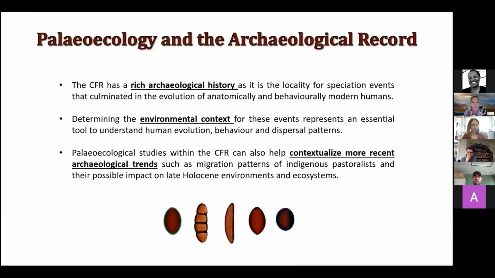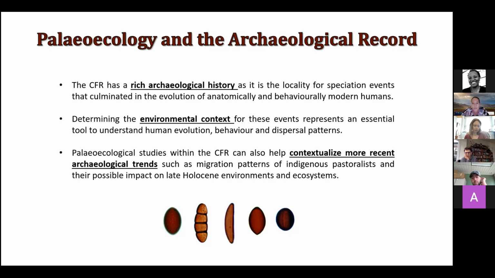And then we're also working on tying into the archaeological record and collaborating with some key archaeologists and new research projects that are happening within South Africa. We have a really rich archaeological history, and the key here is to get a better idea of the environmental context of the archaeological assemblages and excavation research that's been done.